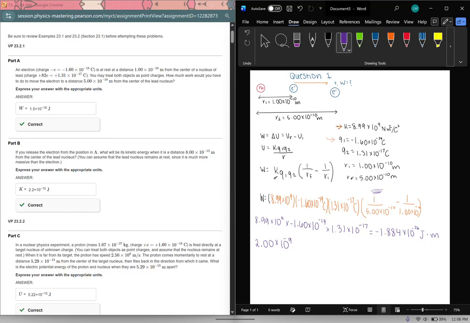Okay, so for this one I got, subtract by 10.00 times 10 to the 9, that equals negative 8.00 times 10 to the 9.